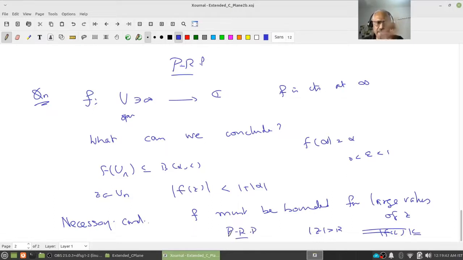Now go back to the last two examples. In fact, if I have any non-constant entire function, then there is no way I can extend it to a continuous function on all of C infinity.